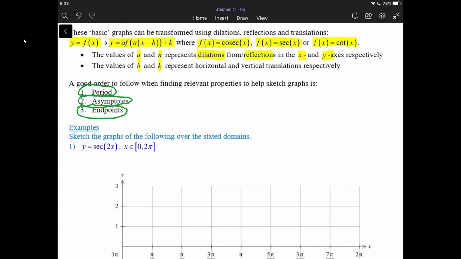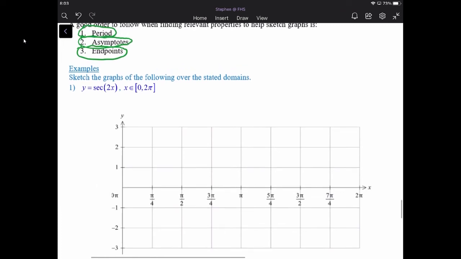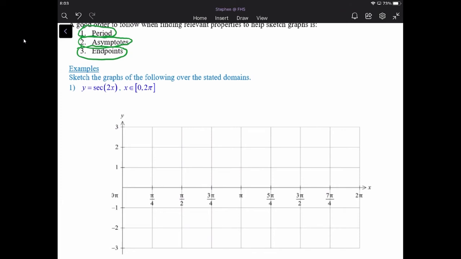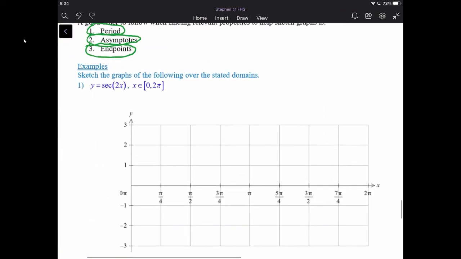Let's look at example 1, where we get to sketch the graph of y equals sec 2x over a domain of 0 to 2 pi inclusive. Right, so first things first, let us look at the period. Okay, so I'll keep the 1, 2, 3 from before in view, so we can refer to that throughout the working.